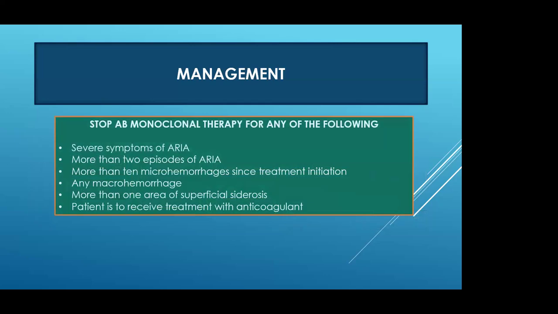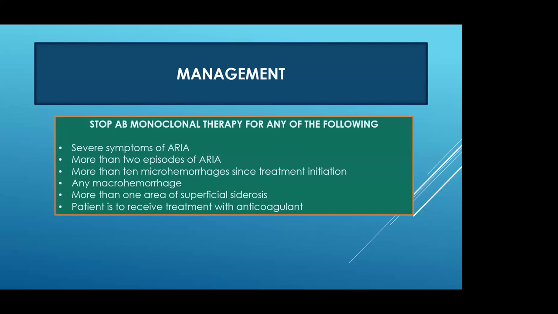And then a few recommendations on how and when to stop monoclonal antibodies for these patients. First one, severe symptoms of ARIA, more than 2 episodes of ARIA during the same treatment, more than 10 microhemorrhages since the treatment initiation.